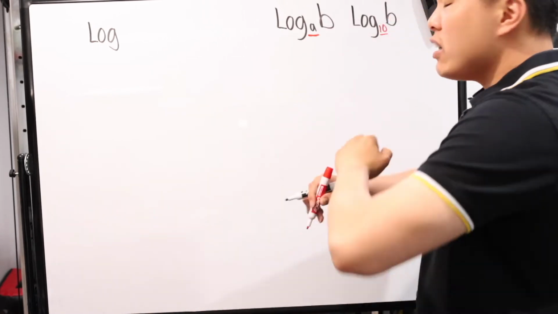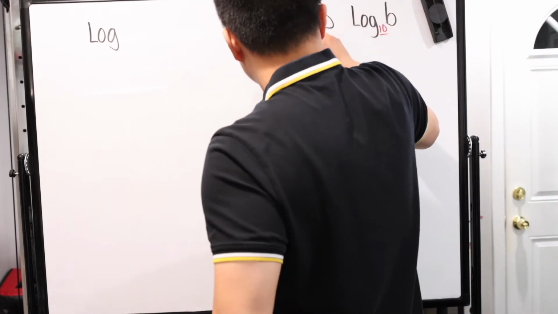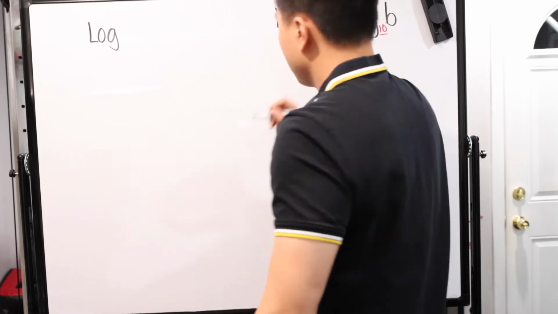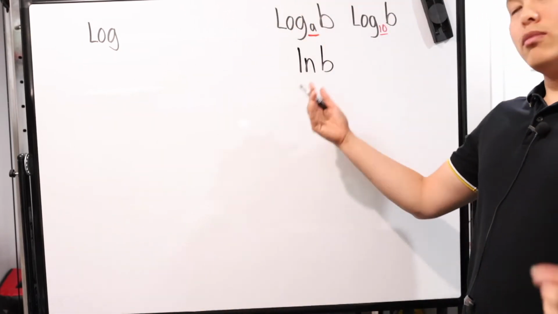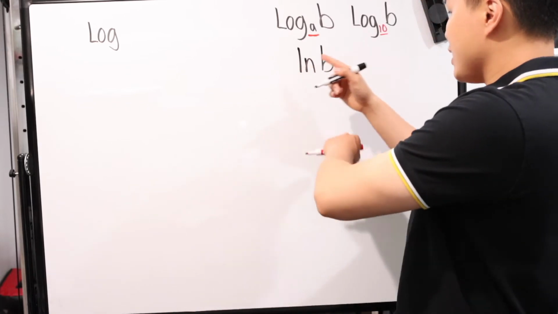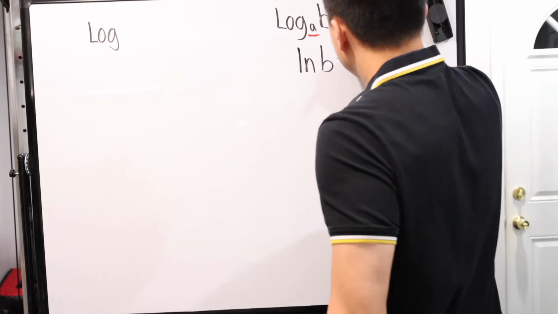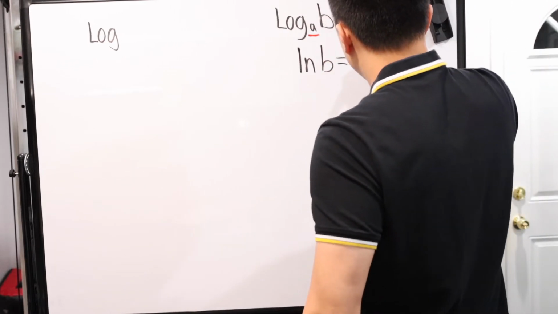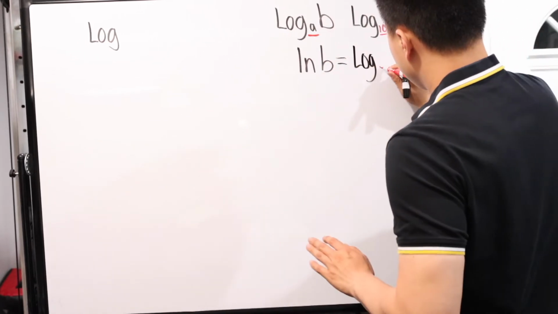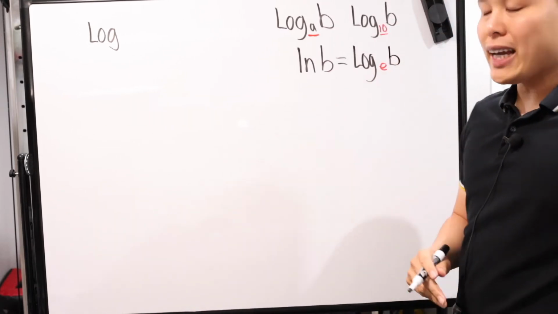Now, the next one's even more confusing because it doesn't even use the word log. LNB. This is interesting because guess what? Even though it says LNB, this is called a natural log. The real notation is just log base E of B. That's all it is, right?